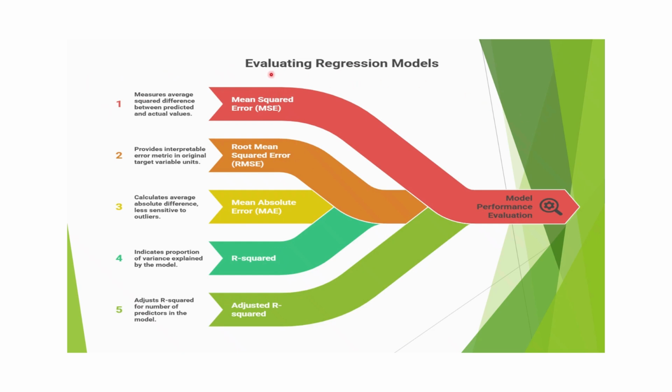Different metrics for evaluating regression models are mean squared error or MSE, root mean squared error or RMSE, mean absolute error or MAE, R squared and adjusted R squared.